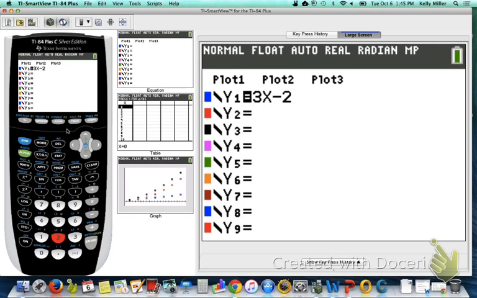Wait, how do you do that? At your y equals, this button right here is your x term. So I type in y equals 3x minus 2.